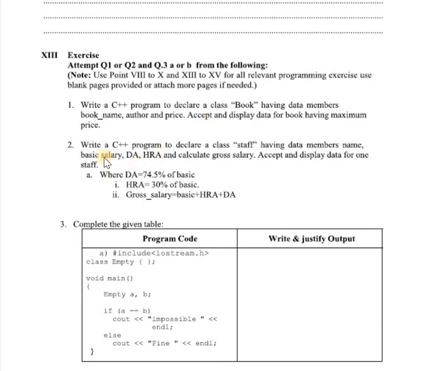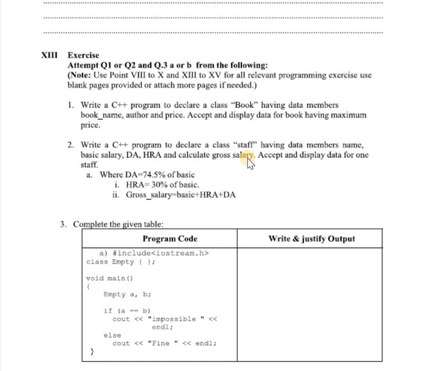Then in the second program, write a program to declare a class staff. Here you want to declare one class staff, that class having data members staff name, basic salary, DA, HRA, and calculate gross salary. In that staff class, you define name, basic salary, DA, HRA, and another variable, gross salary, because you want to calculate the gross salary.